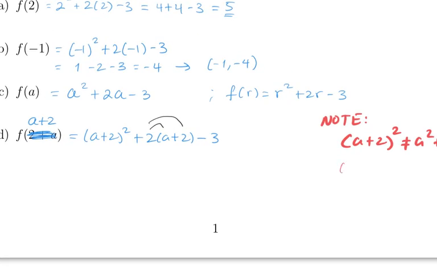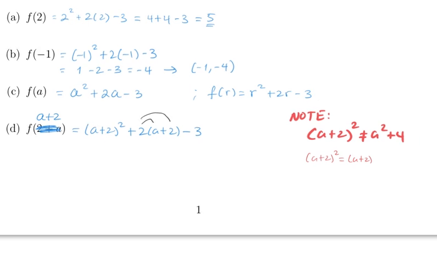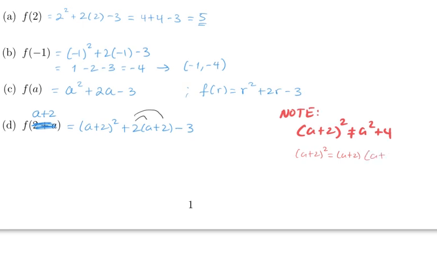Actually, (a + 2)^2 means (a + 2) times what? What do you think? (a + 2). And then if you distribute, this will give you a^2 + 2a + 2a + 4. You probably did this in high school like 500 times.